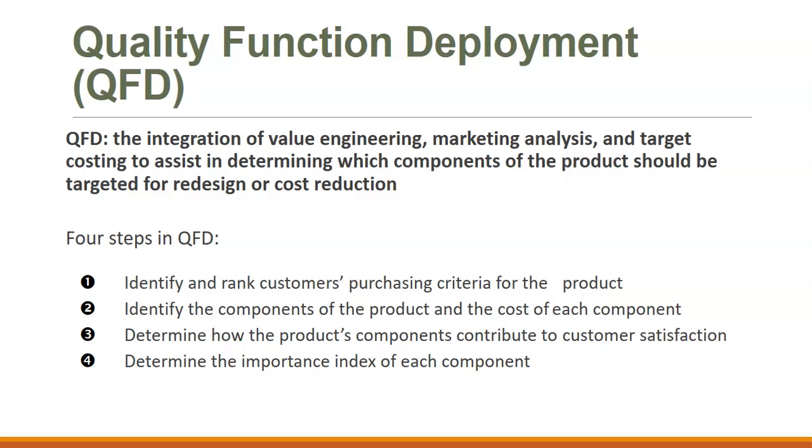So as part of the value engineering process, we go out and ask customers criteria for the product. So what are those things? First, we would survey, do a market analysis of our customers. Then we would come back and see how we can remove different products without affecting customer satisfaction.